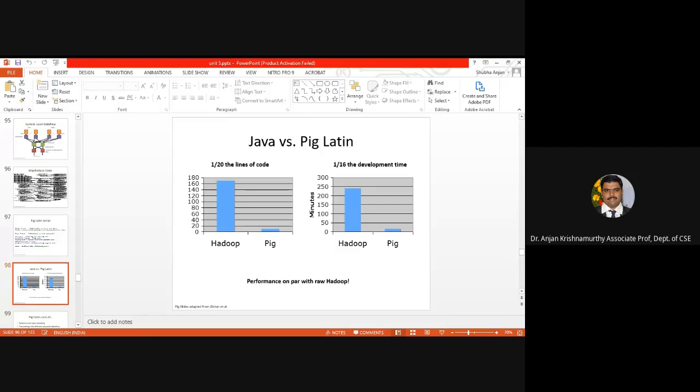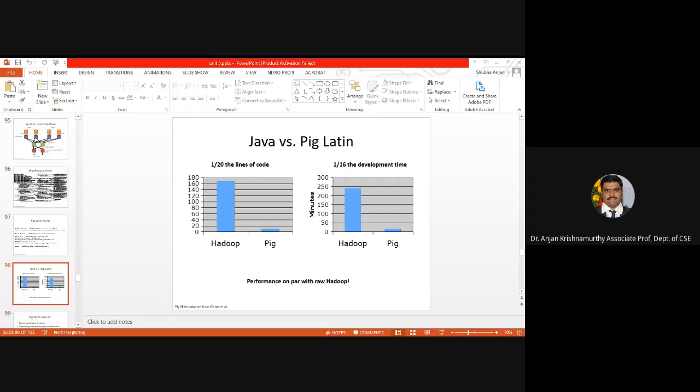The development time is reduced by 1/16. The performance is on par with the raw Hadoop system. That is the major change we can see here with respect to the coding effort required when compared with the other things, right?